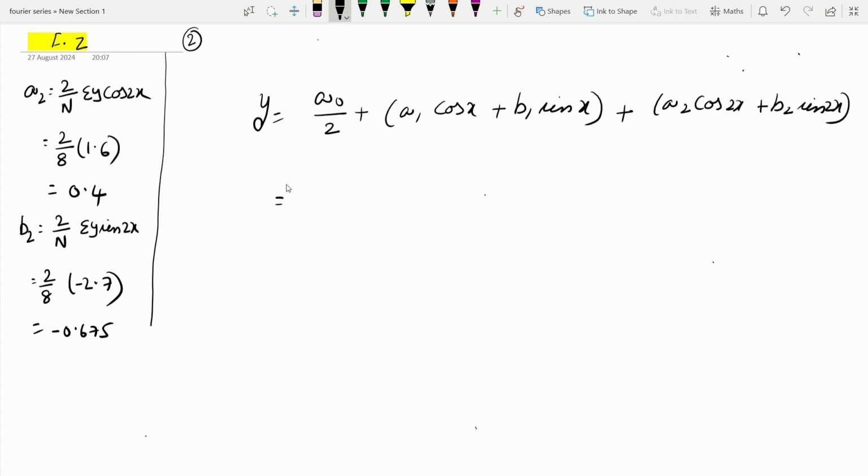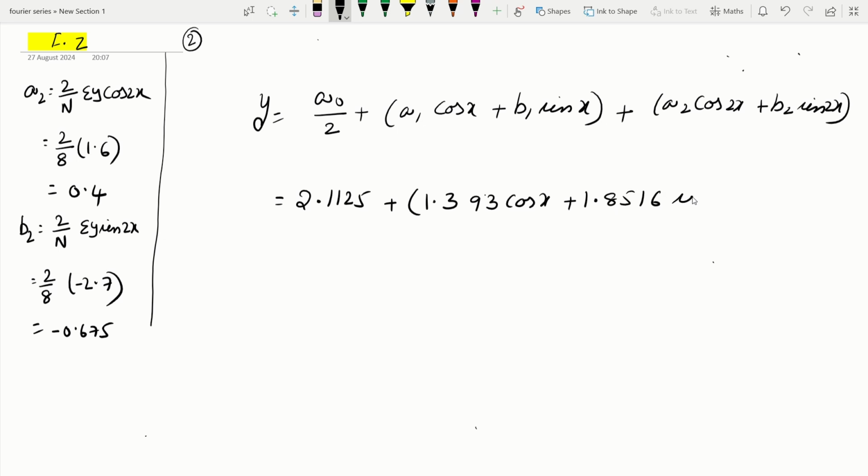A naught by 2: the a naught value we got as 4.225, so a naught by 2 means 2.1125, plus 1.393 cos x plus 1.8516 sin x.